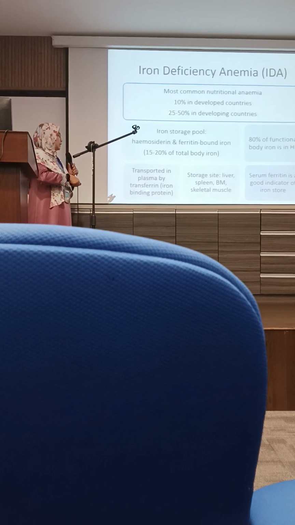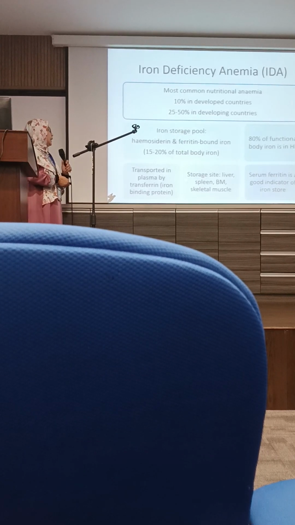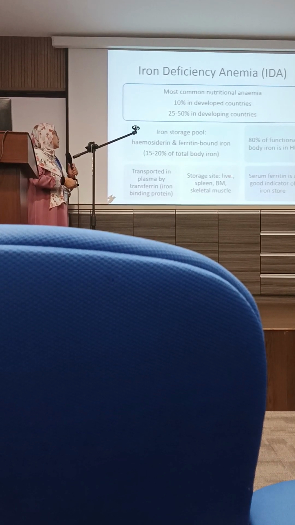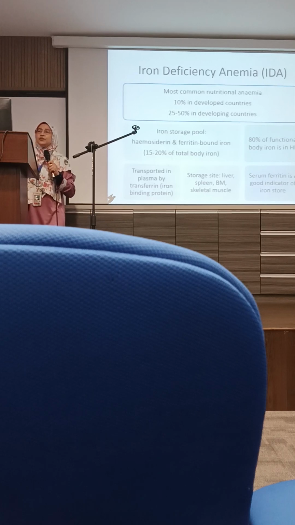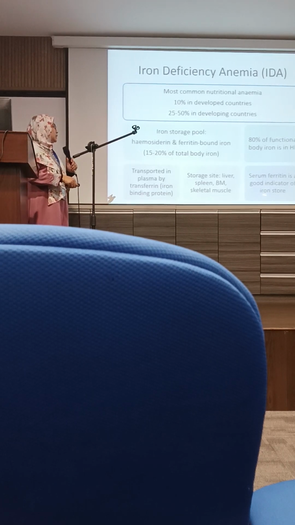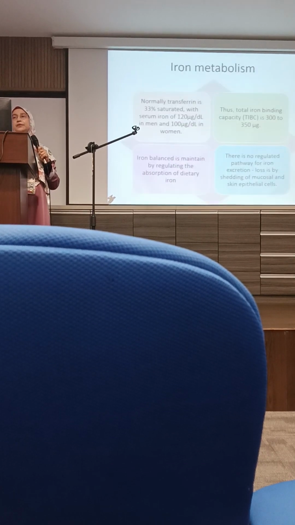It will bind iron and transport iron from the cell to the plasma. And the storage site for iron is in the liver, spleen, marrow and skeletal muscle. And for investigation, serum ferritin is a good indicator of iron store. Okay, later we will look at the metabolism and we will understand.